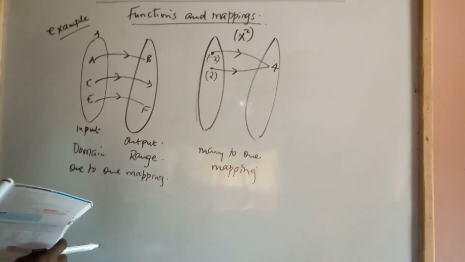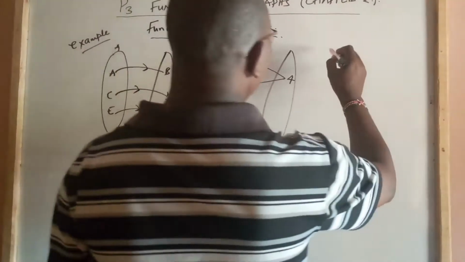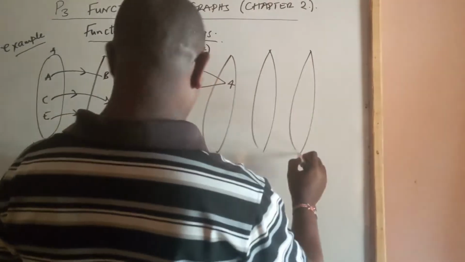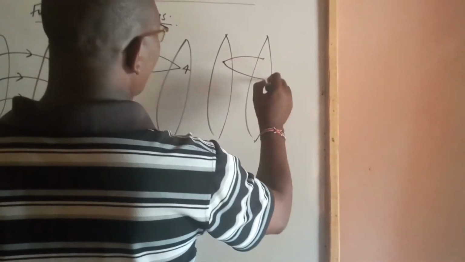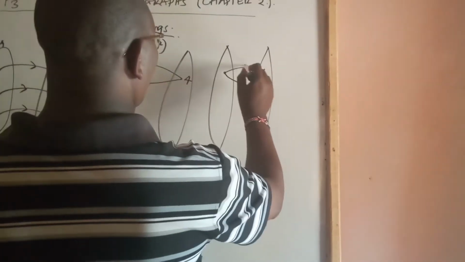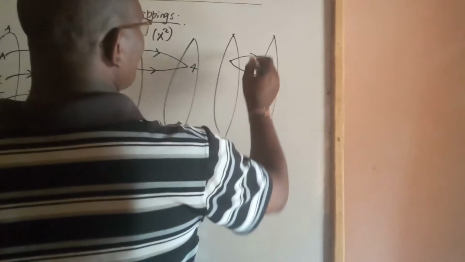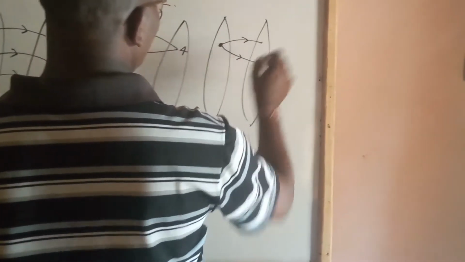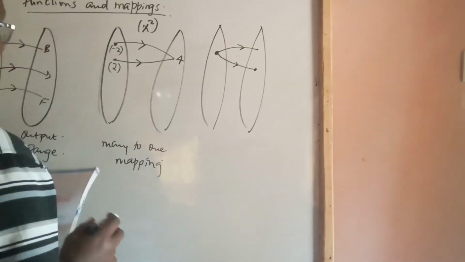That is a function. But when we have a situation of this nature, one-to-many, under one operation, it is not possible to have one input giving you different solutions if the function is the same.